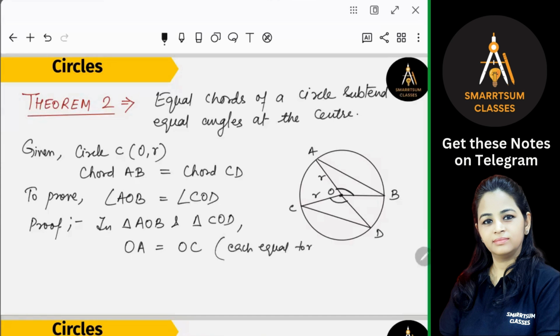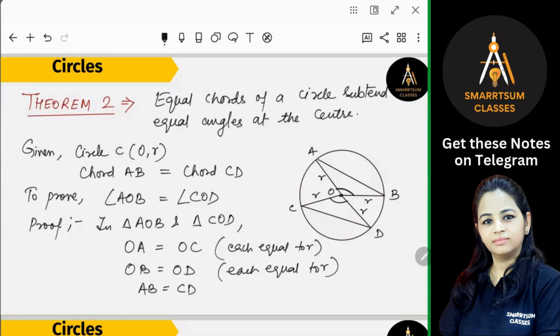Getting that? Now OB is equal to OD. On this side you can see, OB and OD will also be equal. Both are again radii of the circle, so they are also equal to R, each equal to R. And AB is equal to CD.